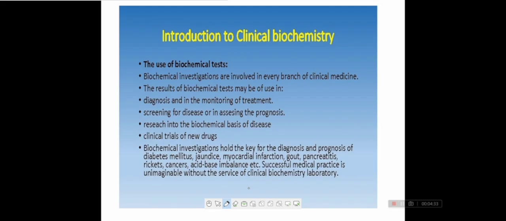Biochemical investigation is involved in every branch of clinical medicine. Whether it is microbiology, biochemistry, or immunology, in any branch of clinical medicine the biochemical test takes place.